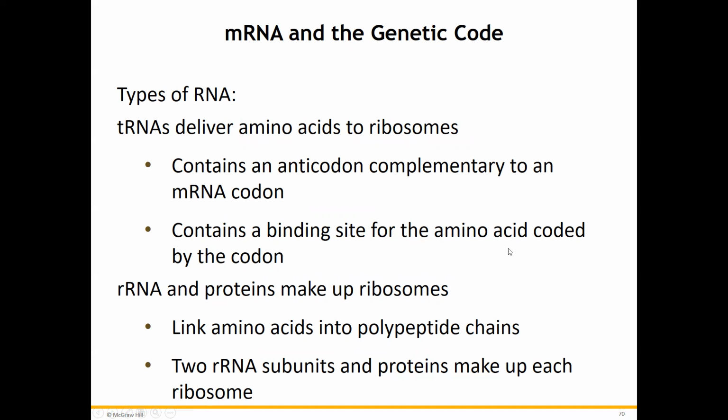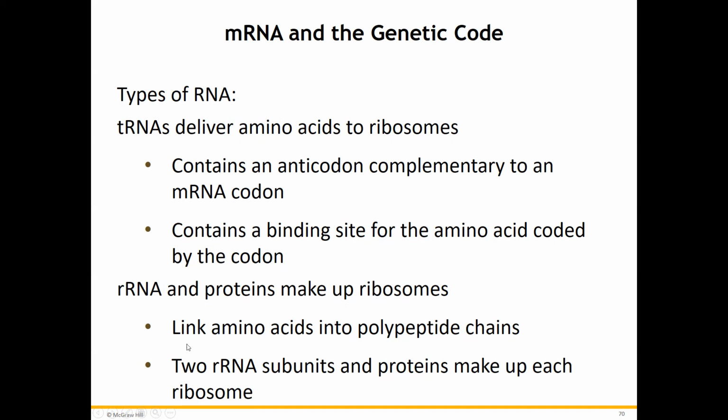There's a binding site for the amino acid on this molecule as well. So you have an anticodon on one end of the molecule and a binding site for the amino acid on the other. There's also ribosomal RNA. The little r stands for ribosome. These are what we would see in the cell, and we call them ribosomes. They are made in the nucleus, in the nucleolus, where ribosomes are made.